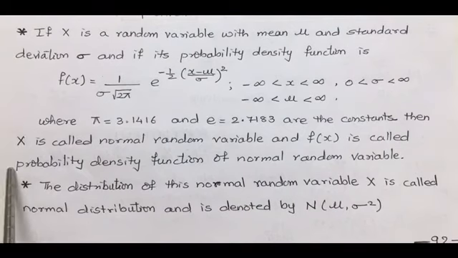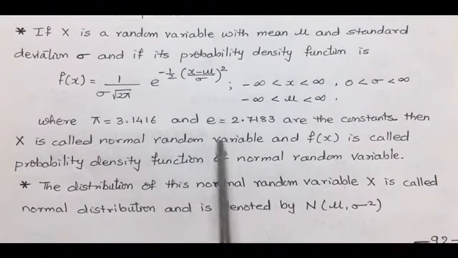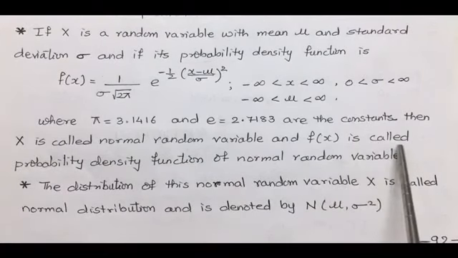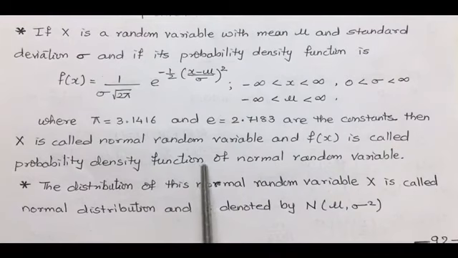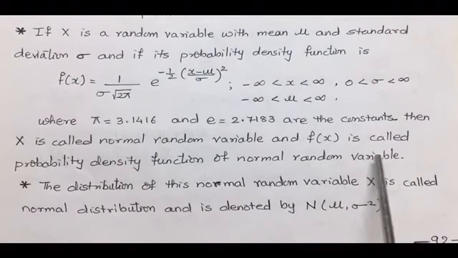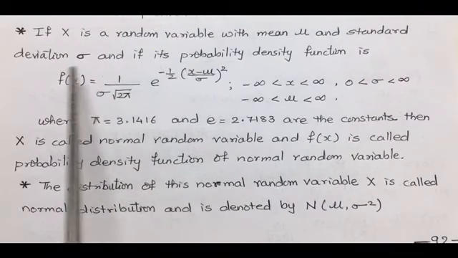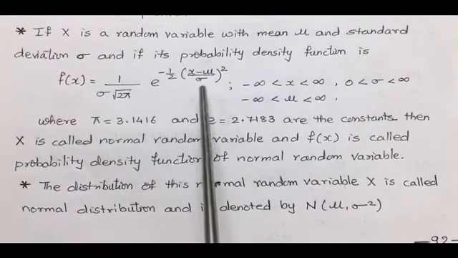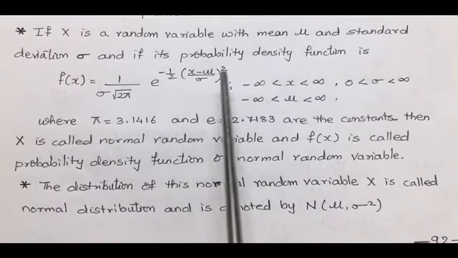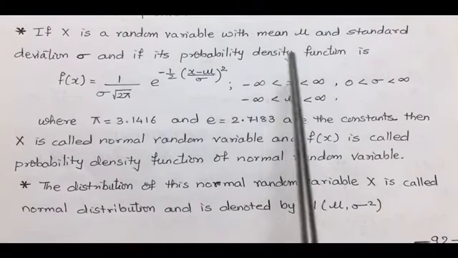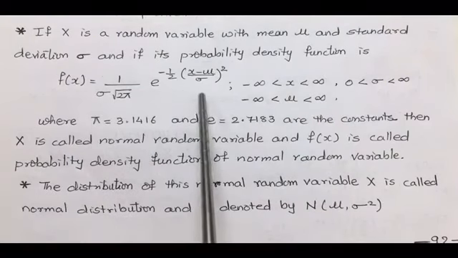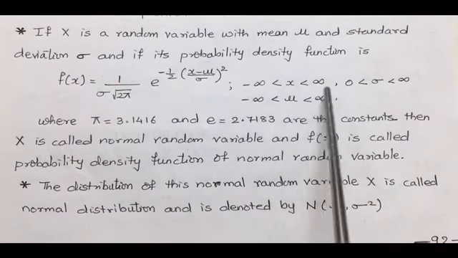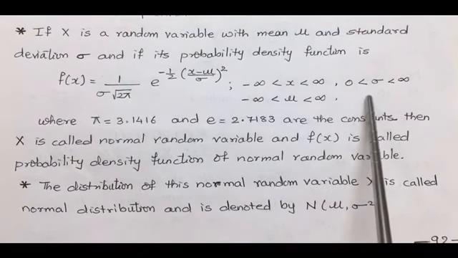Then x is called normal random variable, and the function f(x) is called probability density function of normal random variable. So this is how the probability density function's formula is: if x is a random variable, mu is the mean, and sigma is the standard deviation with all these limitations, defined in the given intervals.